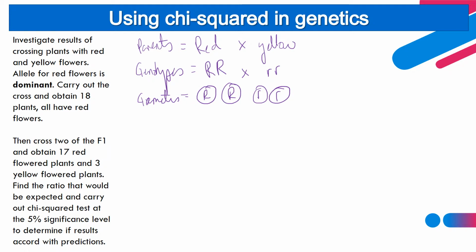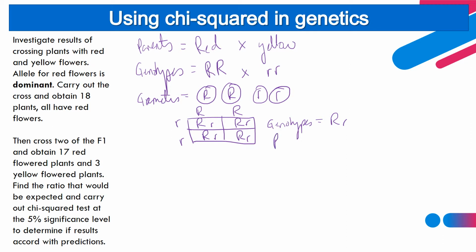So in terms of our Punnett square, we can see here that all of the offspring are going to be red. So the genotype is all heterozygous. The phenotype is all red.